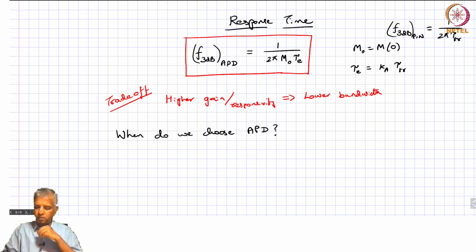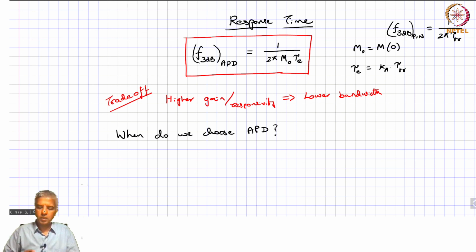Because PIN, we know it's a simpler structure, it's got all these properties that are very well defined. There may not be as much noise, the excess noise factor that we saw doesn't come into the picture as far as PIN is concerned, so that may be better for certain applications. So then the question is, when do we choose APD?